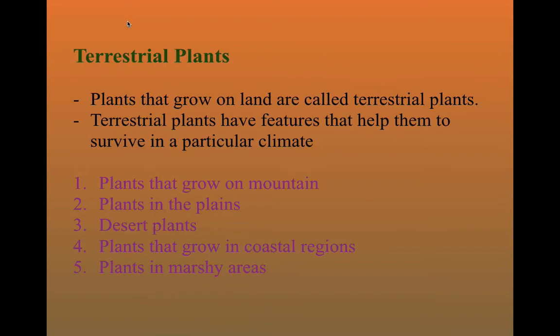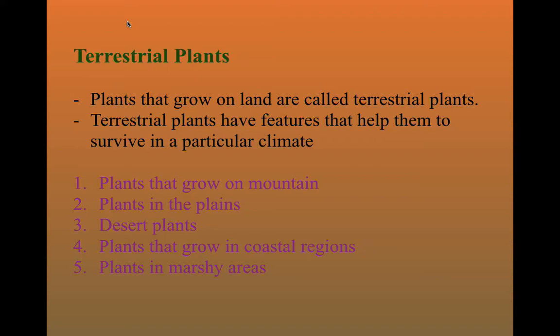Today we are going to discuss about terrestrial plants. Plants that grow on land are called terrestrial plants. They are found in cold, snowbound places, in dry desert, high up in the mountains, and in the wet, marshy places.